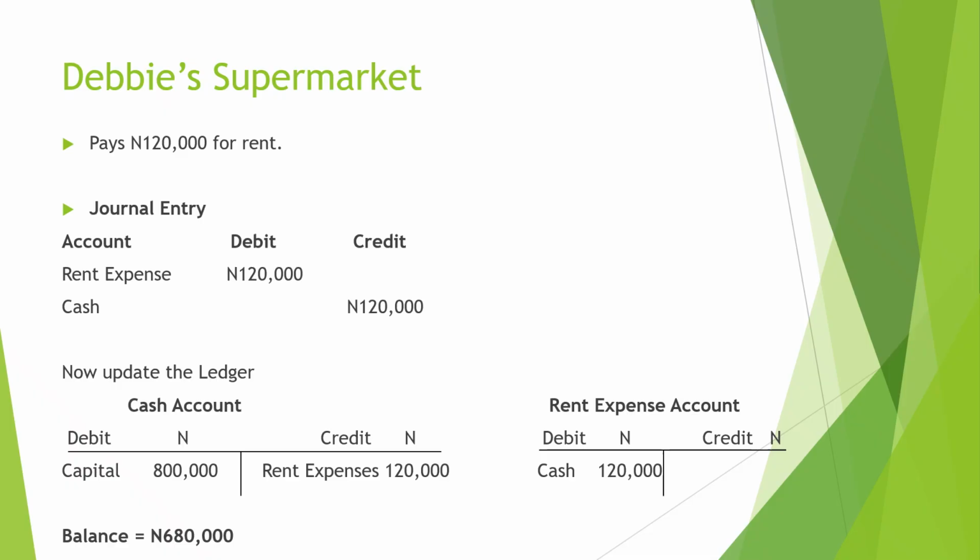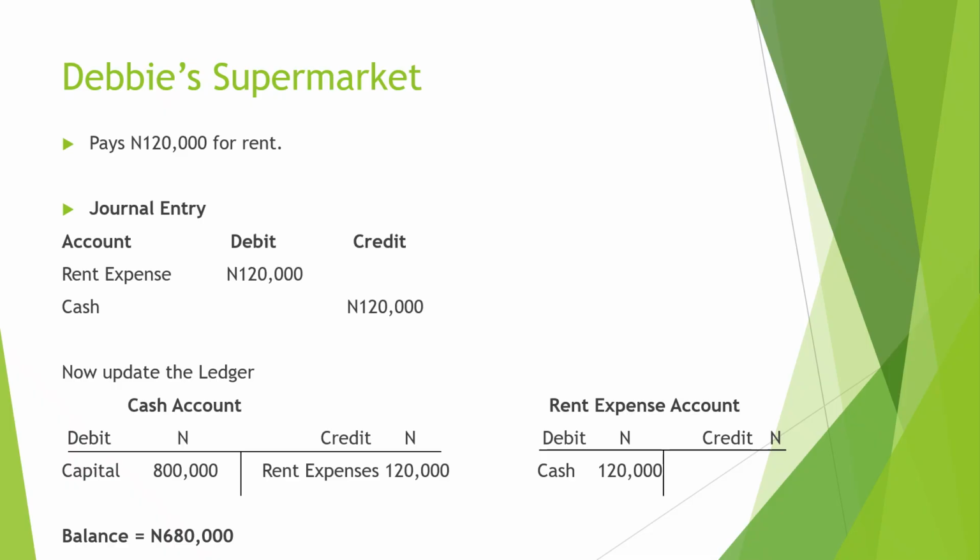We open accounts for these two entries. Remember, we already have a cash account before now, so we'll just bring it up. The rent expense account is the new one we're opening now, and cash has already been debited with 800,000 naira. On the cash account, we will just go ahead and enter the rent expense that has been incurred of 120,000 naira on the credit side because it is reducing the cash we already have.